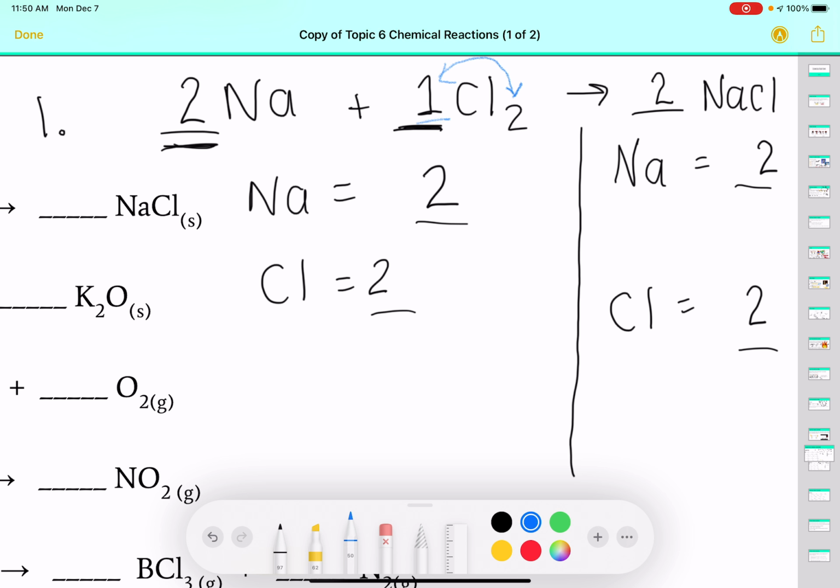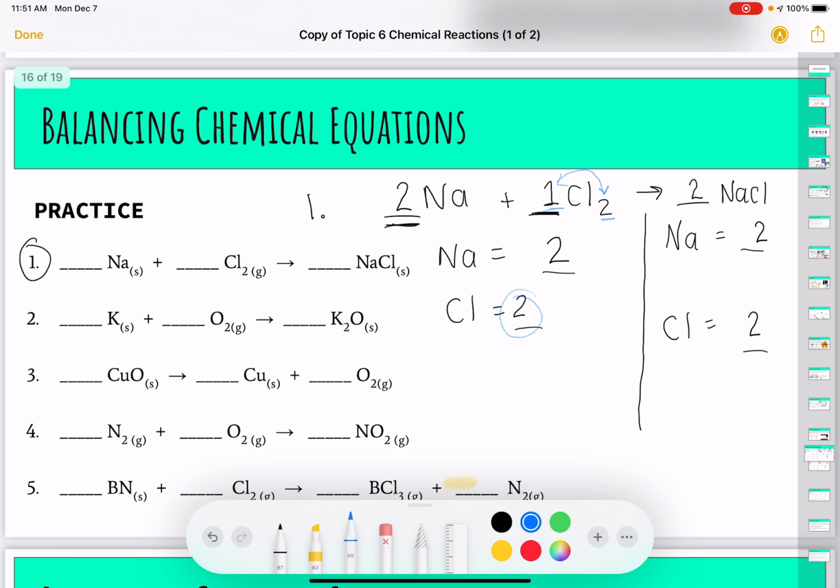So for this one, 1 times 2 is 2, which we've got, okay? If we put a 0 there, it would be 0 times 2 is 0, and that wouldn't work. So if you don't have any number to put on the line, then we write a 1. All right? So that's how we would do a balancing equation.